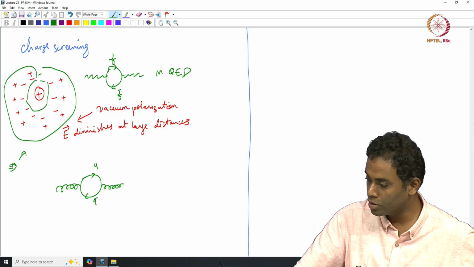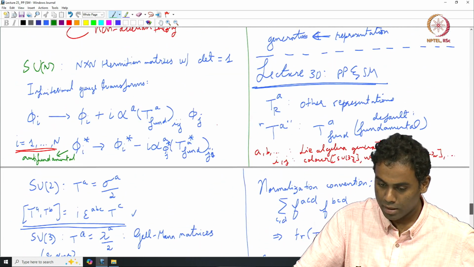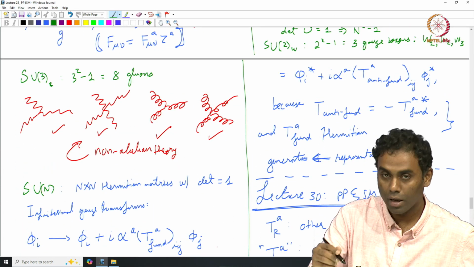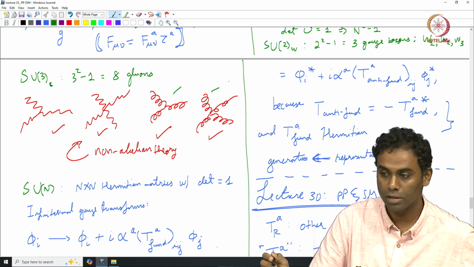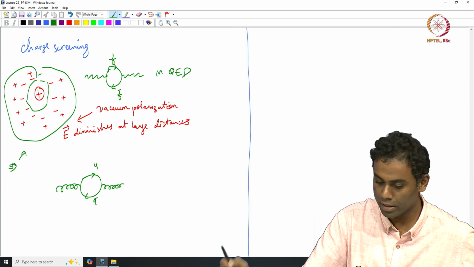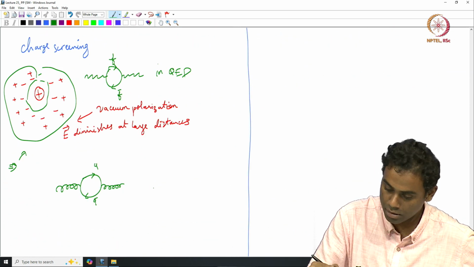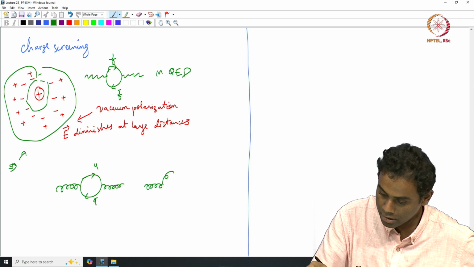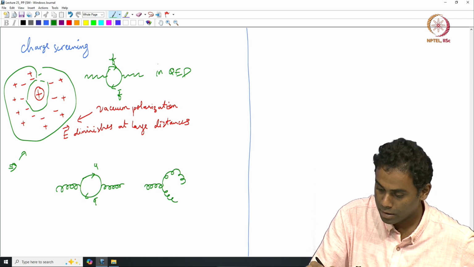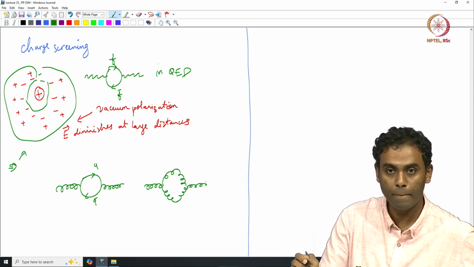But notice that because I have these other vertices, I can also draw another vacuum polarization diagram like this. This is a 3 gluon vertex, right? So I can complete the picture. So this is also there.